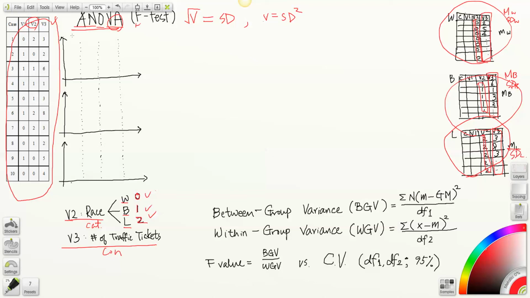And then, again, as you did for the t-test, you're going to look at the frequency distribution of the number of traffic tickets for each subsample.